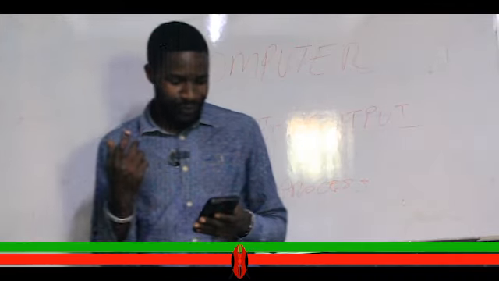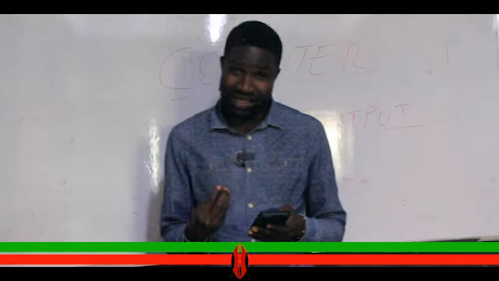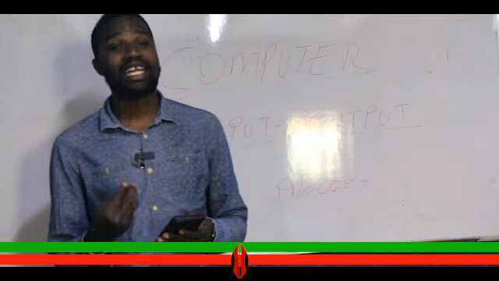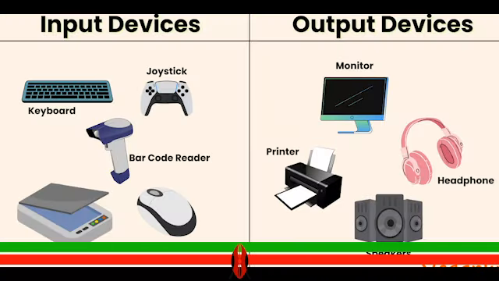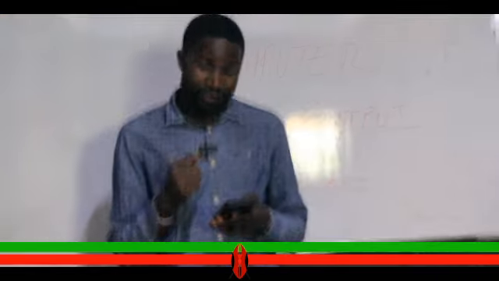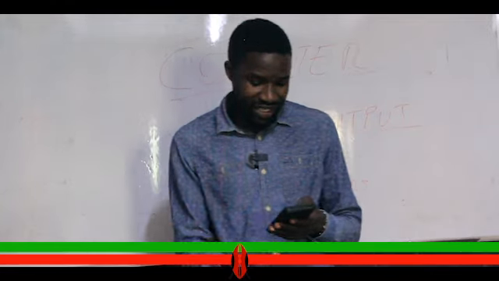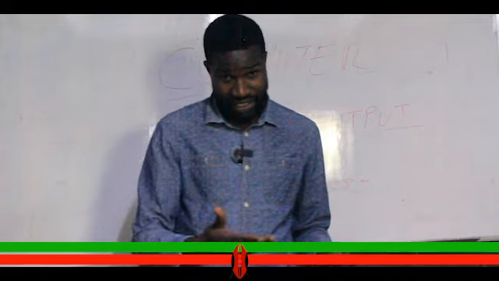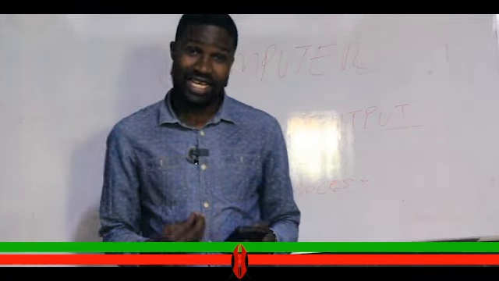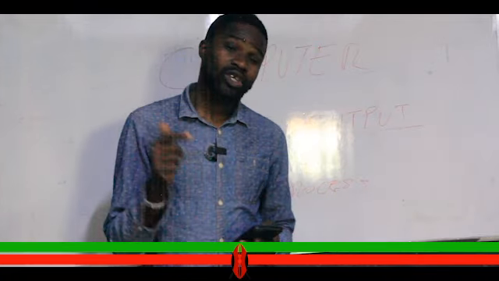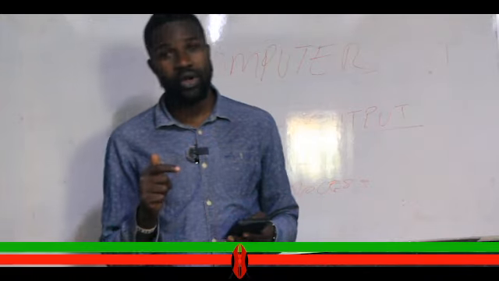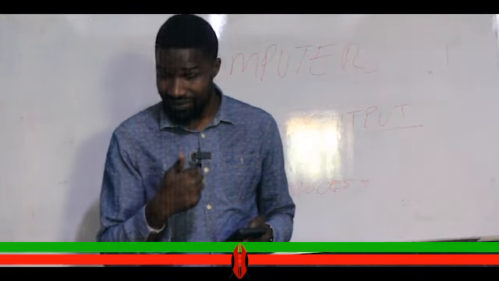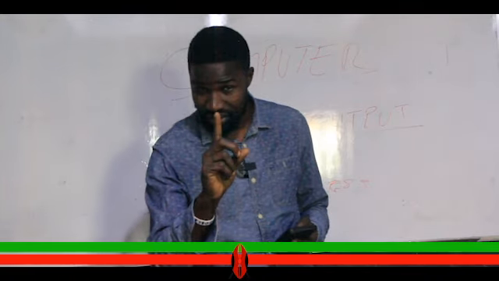So what are input devices? Devices are tangible parts. Input devices are used to enter data into the computer. They help you enter data into the computer, whatever you use on your mobile phone or computer to enter data, not information.